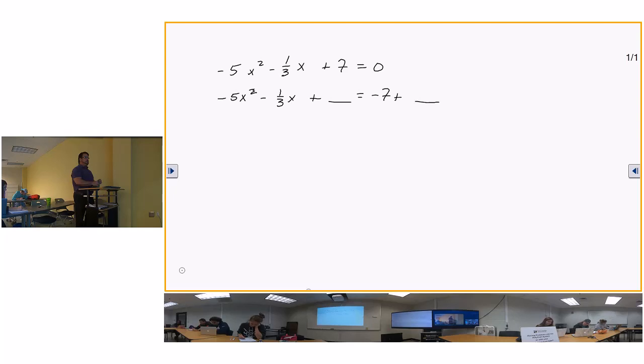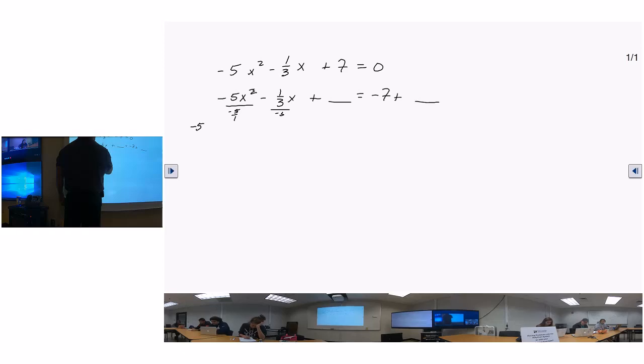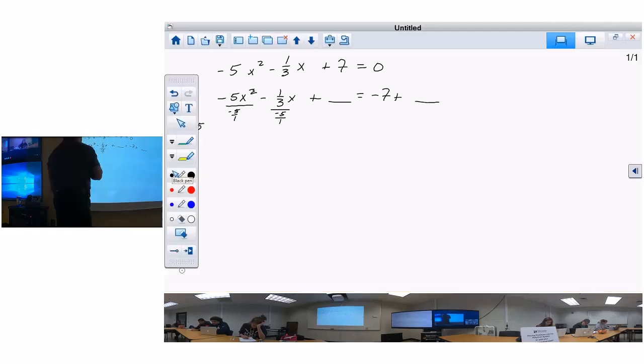Now when you factor out a negative 5, you're dividing. So you're going to have to divide by negative 5 over 1. I'm going to pull a negative 5 out right here, and then divide by negative 5 over 1, just to show you where I'm getting my answer.